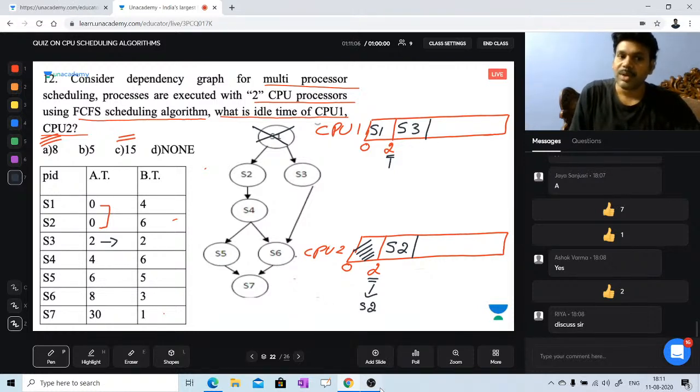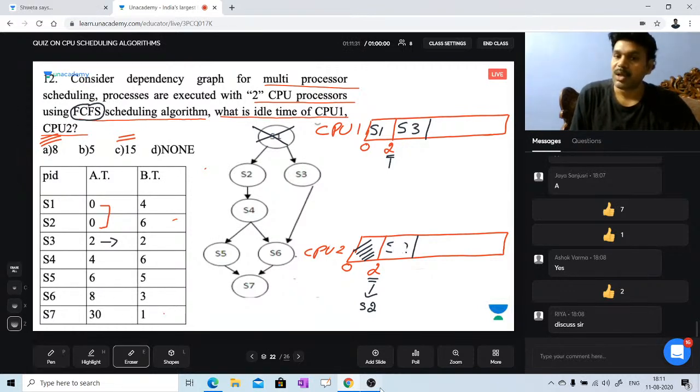Now please observe here. One important thing is that I am using the FCFS concept. When you are using FCFS, we know that preemptions are not going to be allowed. Please understand carefully. Because preemptions are not allowed, I cannot run S3 and S2 here. This is completely invalid.